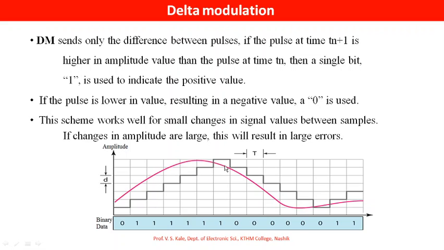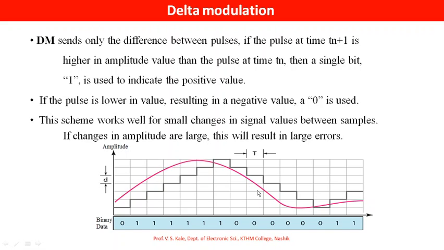Here, if you observe, the amplitude is decreasing. As the amplitude is decreasing, the bit transmitted is 0. Again it is decreasing. The bits indicated by 0 indicate that the earlier value is more than the next one.